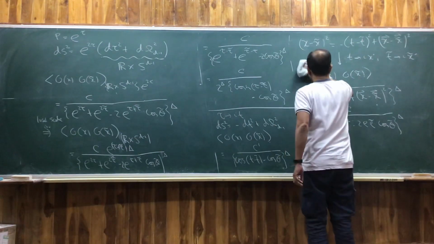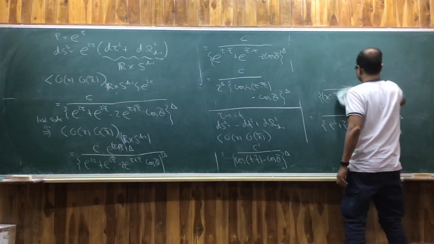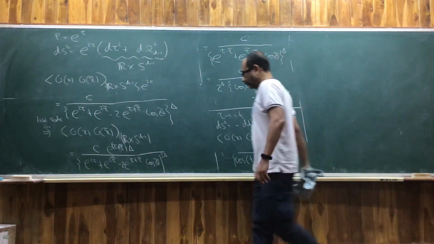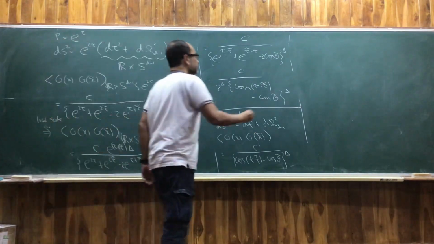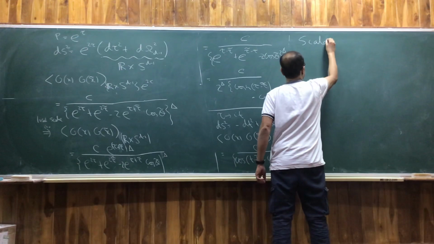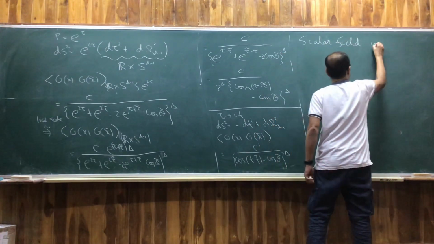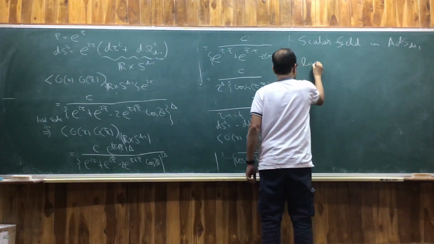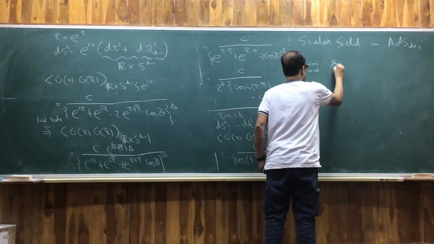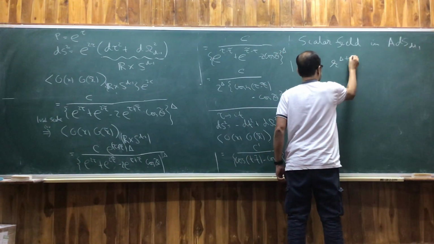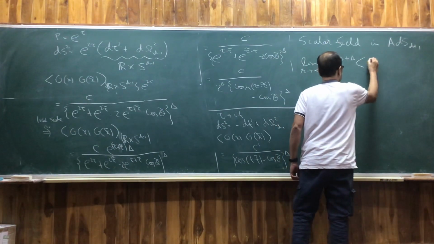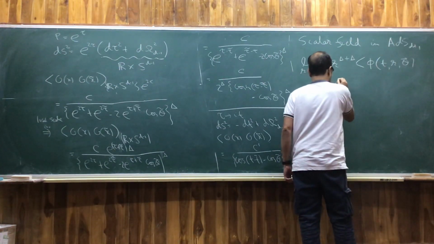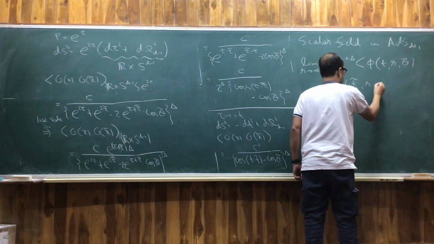So if you take a scalar field in ADS d plus 1, we took the limit r goes to infinity, r to the power delta, and then phi at t, and phi at t tilde.